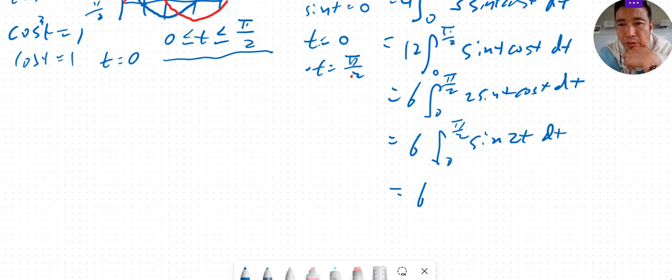So we integrate sine 2t: sine becomes negative cosine of 2t over the derivative of 2t, which is 2, from 0 to pi over 2.